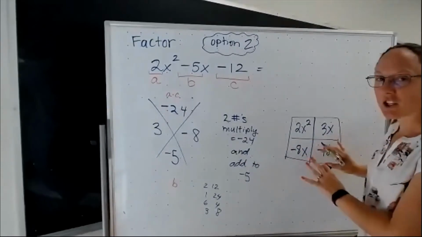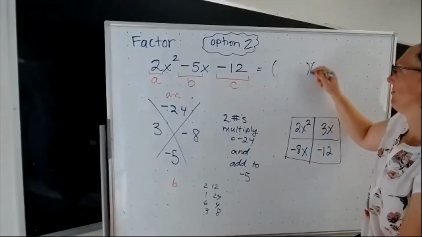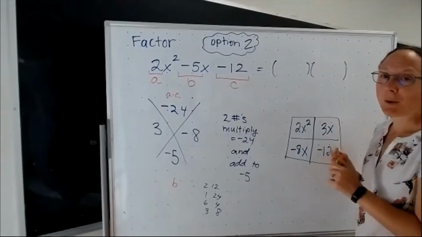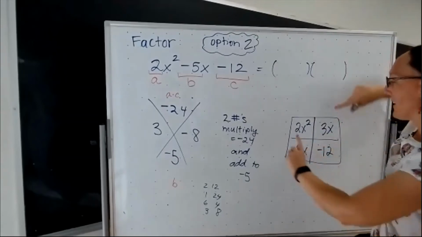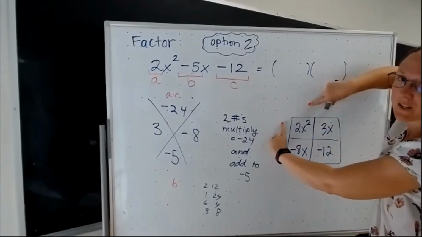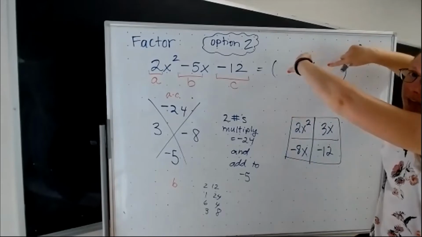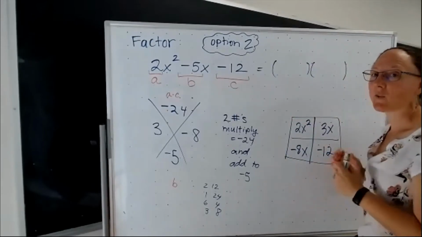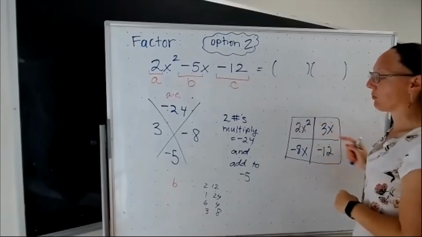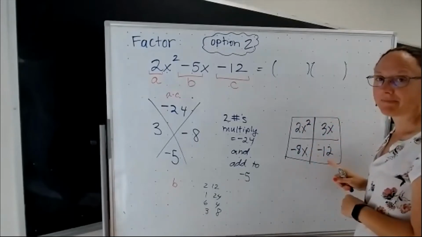And we haven't actually figured out what the factors are yet. But if you remember from doing the multiplication with the box method, it's the numbers that are out here on the outsides that are going to end up being my factors up top. And the way that we find those is we individually factor each row and each column.